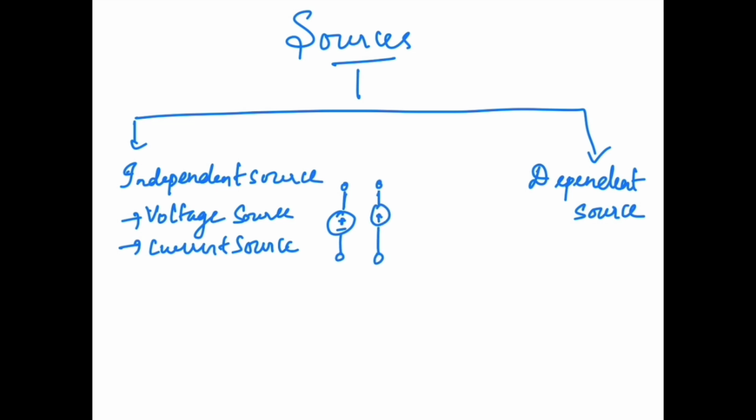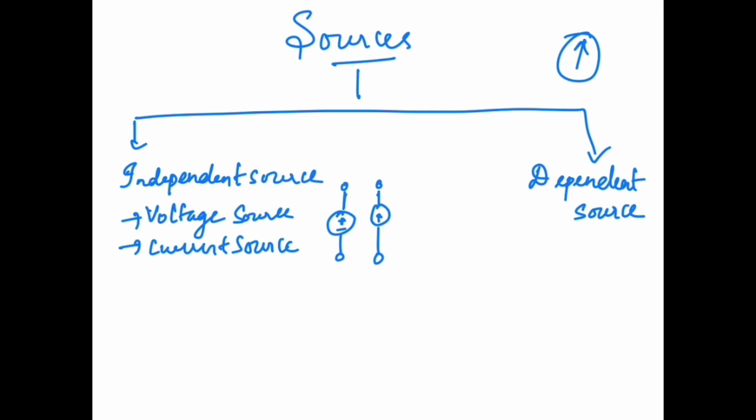So these are independent sources. Current will be shown as an arrow mark, the direction in which it is flowing. If that is an independent source, it is not dependent on anything else.